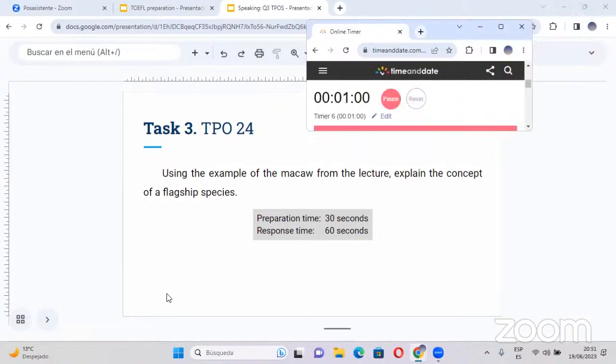Okay, so according to the passage, flagship species occurs when a particular species represents the threatened habitat of a general public at risk. And in the lecture, the man gives us the example of the great green macaw, that is a great green bird and that has green and blue feathers.